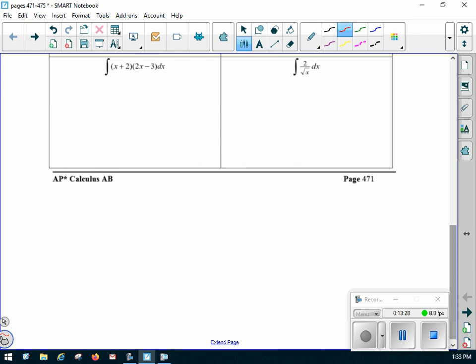What do you think? Let's rewrite this as not a fraction. 2x to the negative 1/2 dx. This may take you a minute to think about. x to the half.